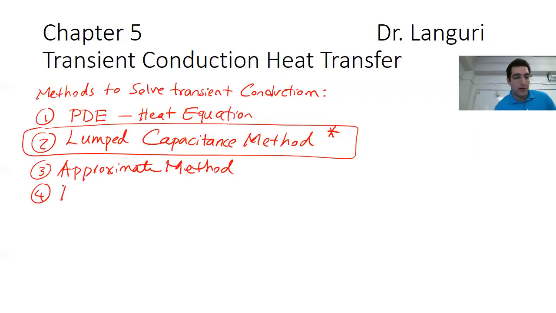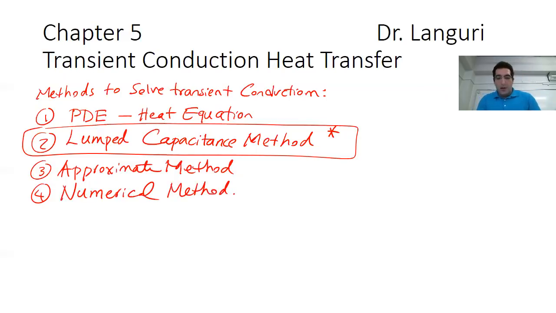And of course, numerical methods. Numerical methods, basically with some simplification, try to solve the governing equation, and it's a fairly simple approach to solve any heat transfer problem with good accuracy. But the discussion today is the lumped capacitance method.